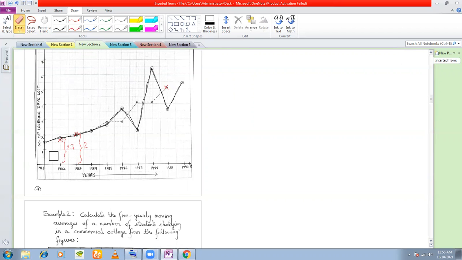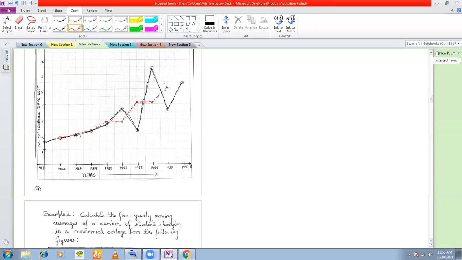Now the bold lines I have already drawn. Now what I do is I draw a dotted line representing the moving averages. This dotted line that I have drawn in red will represent the trend values of the moving averages.